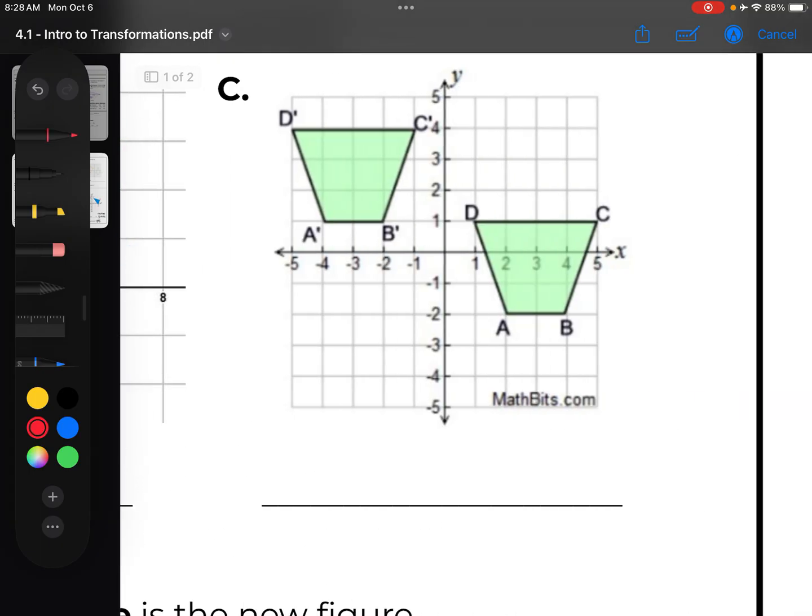And then on C, I'm going to start with our original figure here. If an image slides over to a new image, that is known as a translation. So it slides.